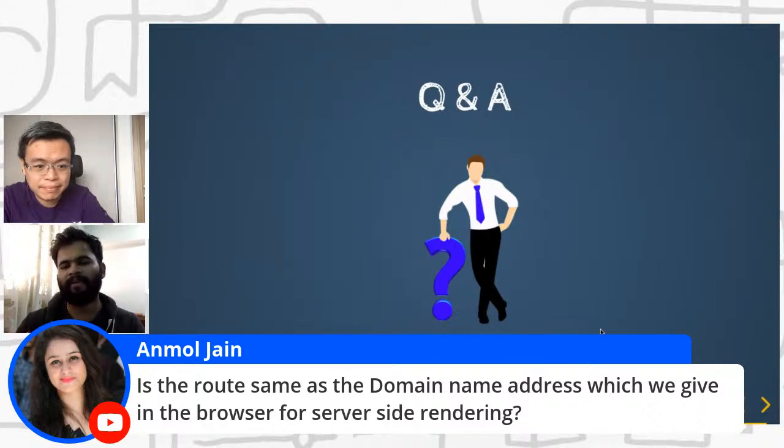After the domain, we have /home. The server tries to look up the registered routes for /home, and wherever the path matches, it loads that particular controller method and returns either the API response or the HTML page, and that's how it gets loaded onto the browser.